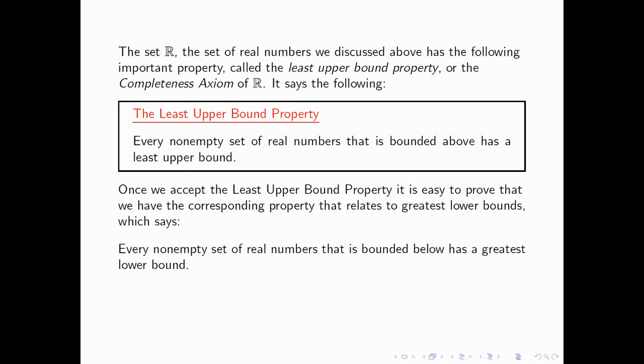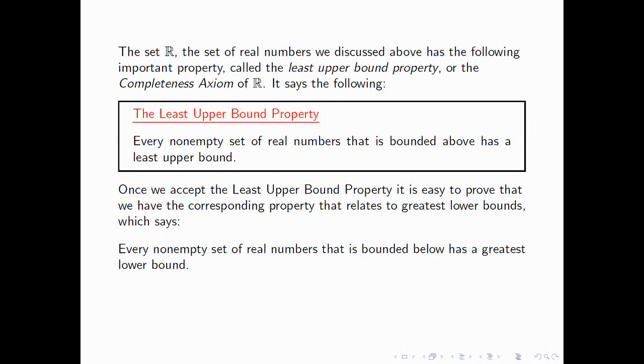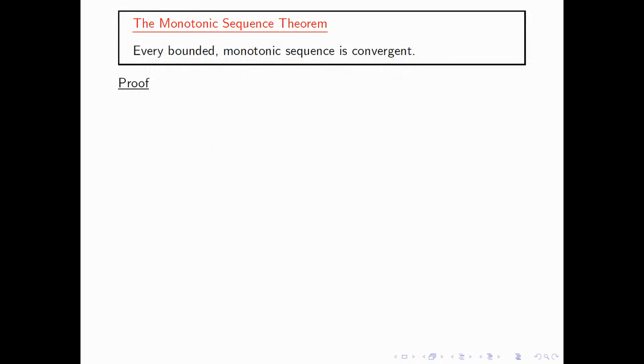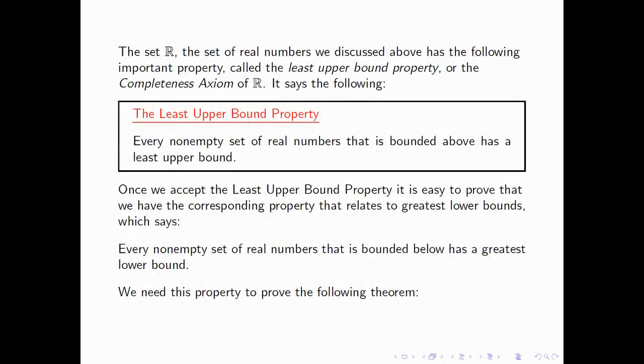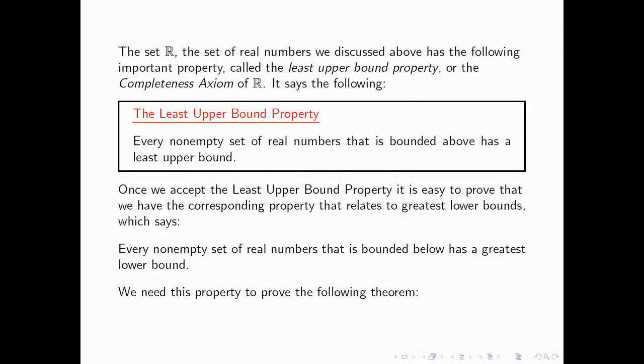Once we know this, we can use it to prove that the real numbers also have the same property in reverse for greatest lower bounds. It says every non-empty set of real numbers which is bounded below has a greatest lower bound.